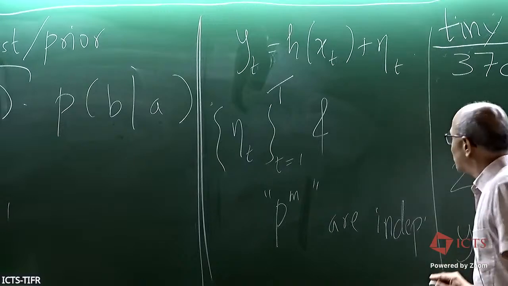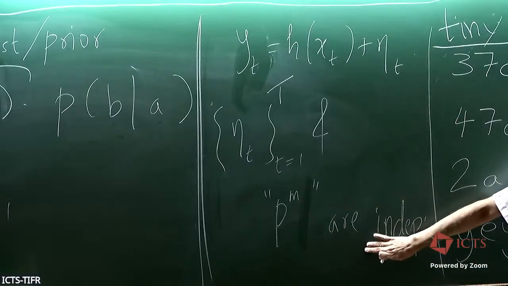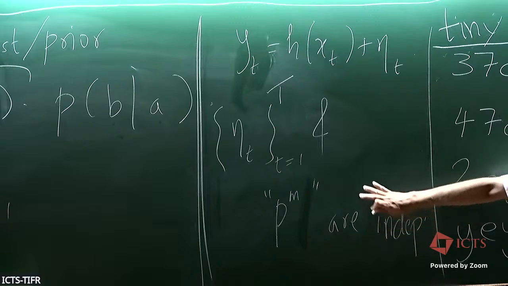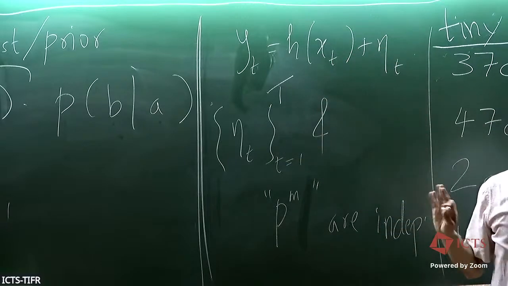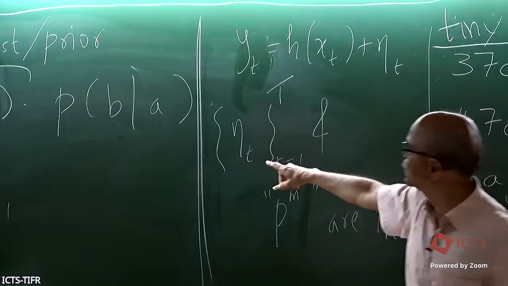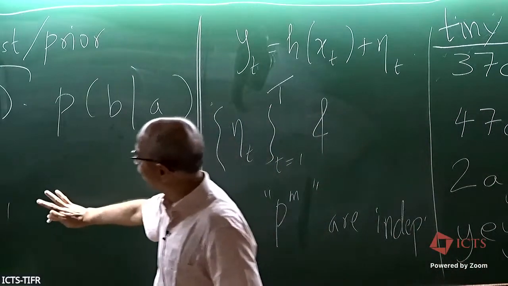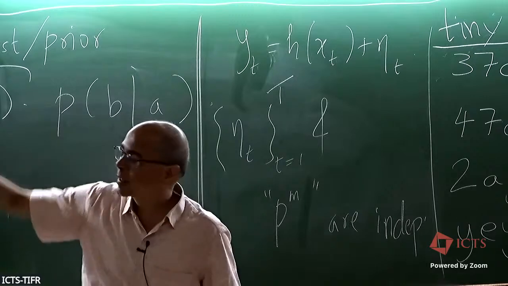so the Markov transition, the Markov chain for the x variables and the observational noise are independent. So that's the assumption that's needed to get rid of these terms and just have yt given xt.